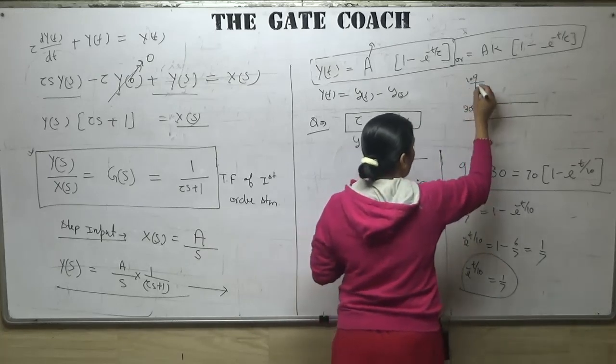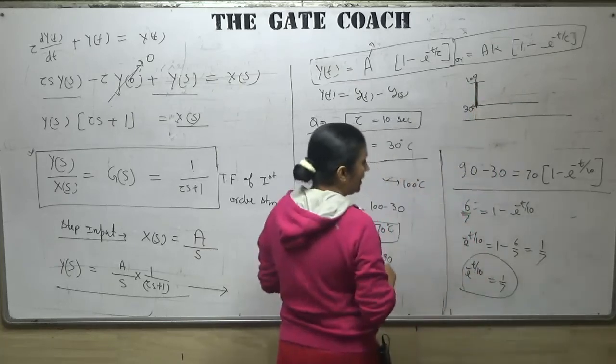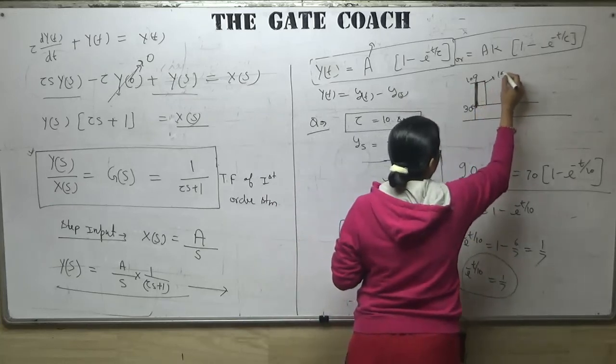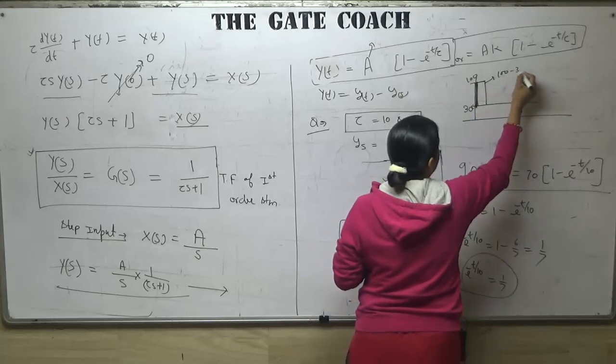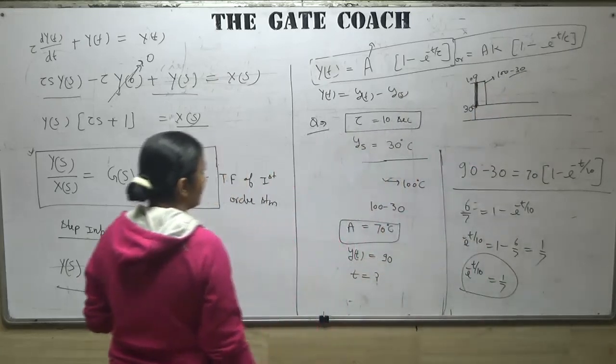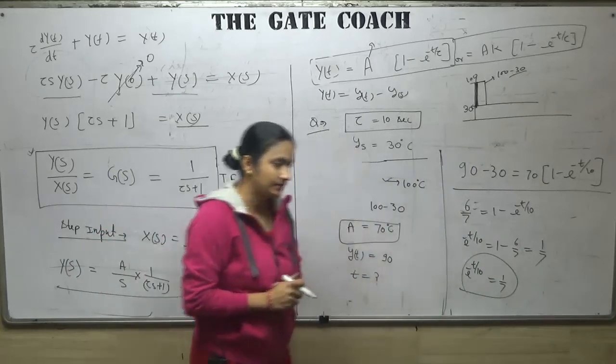So what is the amount of step input here? 100 minus 30, right? Do you get your point?